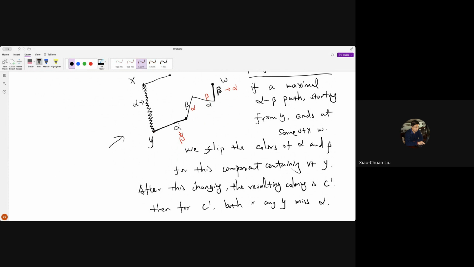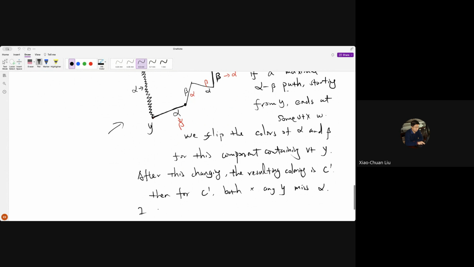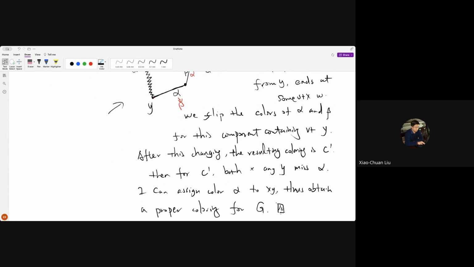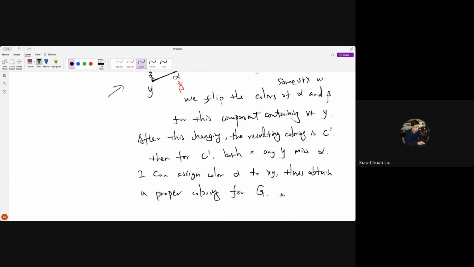So now I can assign color alpha to xy and thus obtain a proper coloring for G. And also I didn't introduce any new colors. So the total number of colors I used is at most delta plus 1.